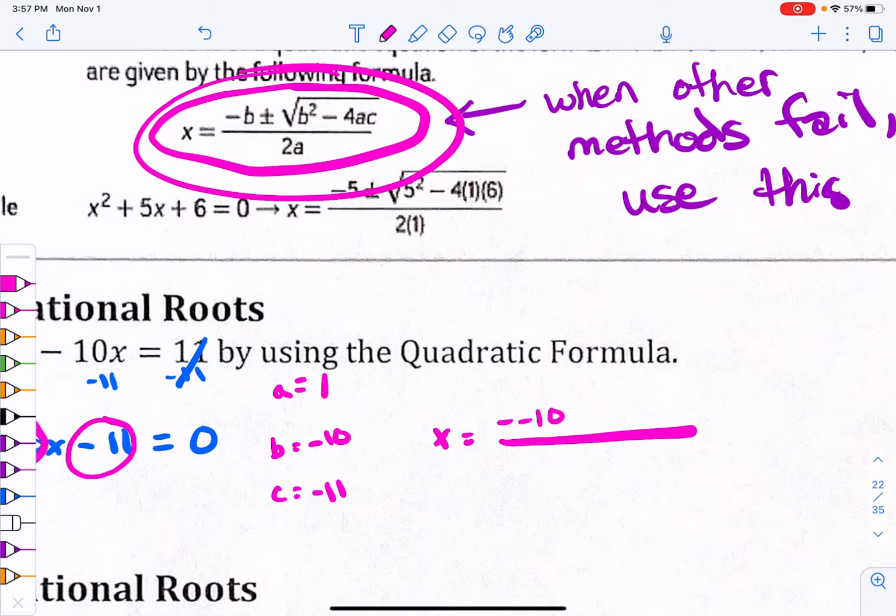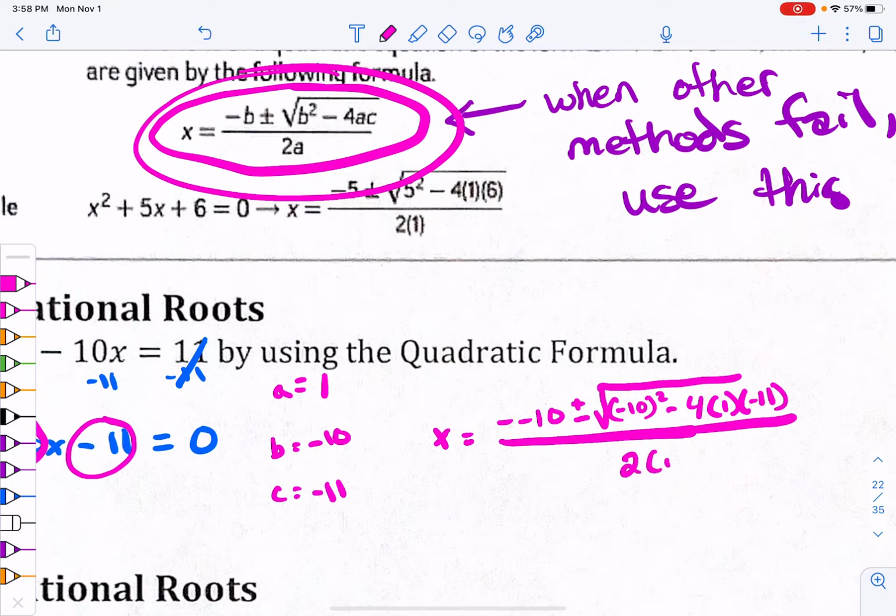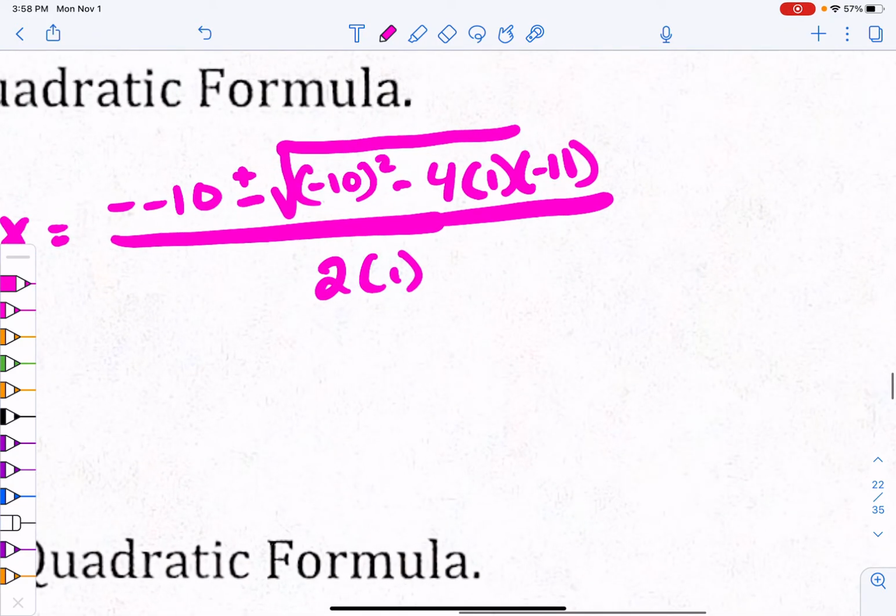So we have negative 10 plus minus, that's this part right here. Okay, the square root of b squared, negative 10 squared, minus 4 times a times c. I'm just plugging stuff in, all over 2 times a, okay? And we do this, and then we simplify, and then we're done, okay?